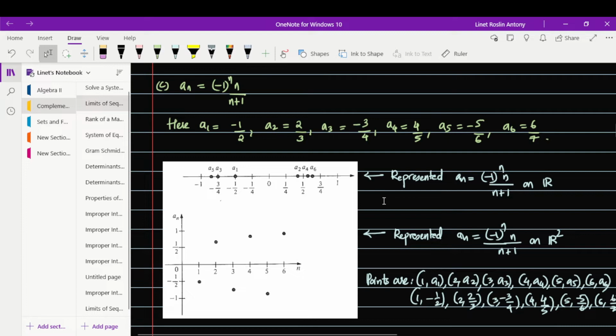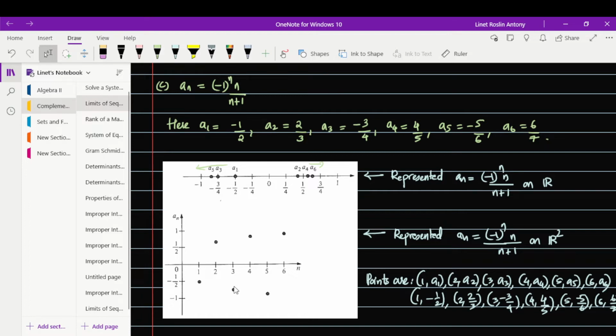So when we are plotting on the real line, you get a1 sitting here, a2 sitting here, a3 will be here, a4 will be here, a5 will be here, a6 will be here, and they are moving like this, right? And what about on R2? Ordered pair 1 comma minus 1 by 2 will be the first point. Ordered pair 2, 2 by 3 will be here.